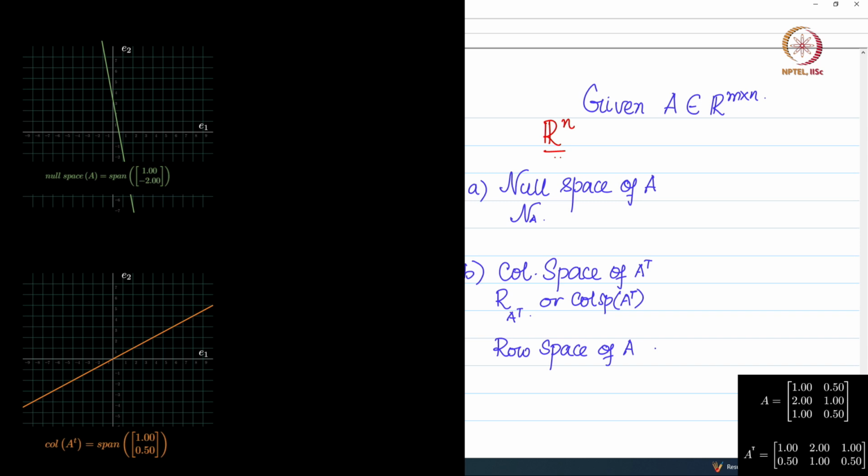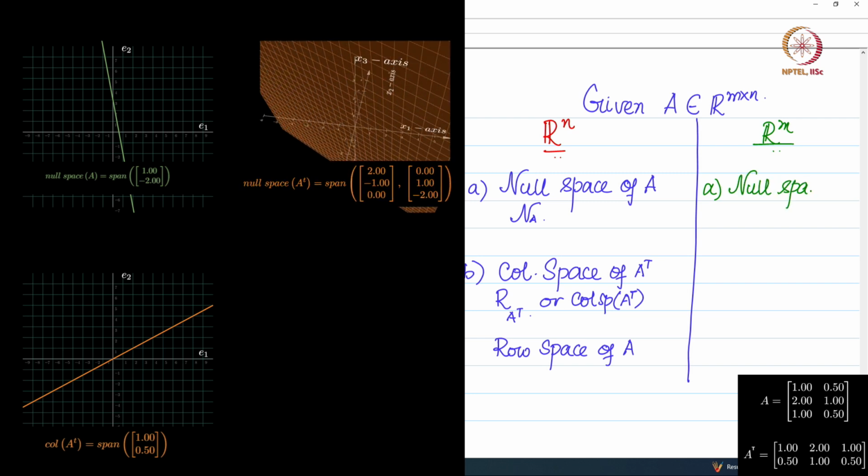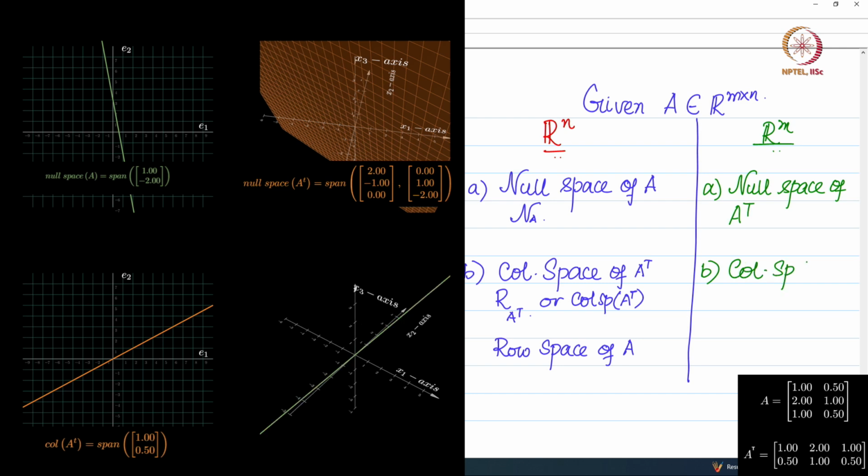right. On the Rm side, what is it that we have? So on the Rm side, we have (a) the null space of A transpose, and (b) the column space of A, which is also called the range of A, right.